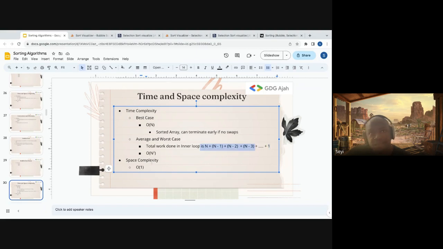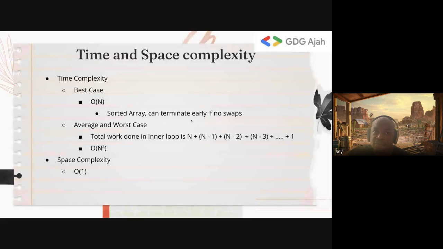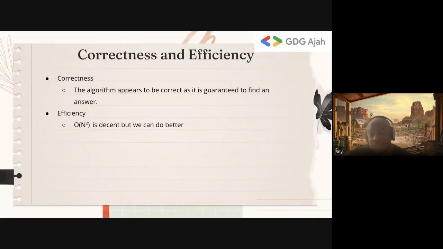And if you sum that up, it is n squared. Space complexity is constant because we're not really using extra space. So is it correct? It's correct. Is it efficient? Not too bad, but we can do better.